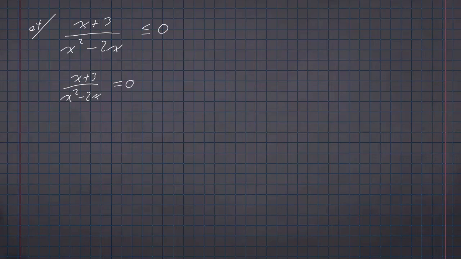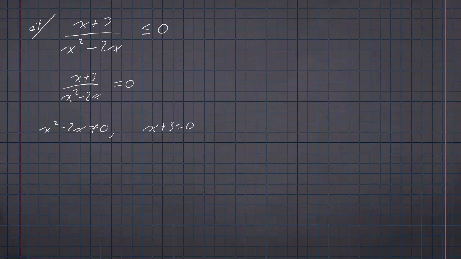And if the denominator, x squared minus 2x, is not 0, we can multiply both sides of the equation by that denominator, leaving us with x plus 3 is equal to 0.